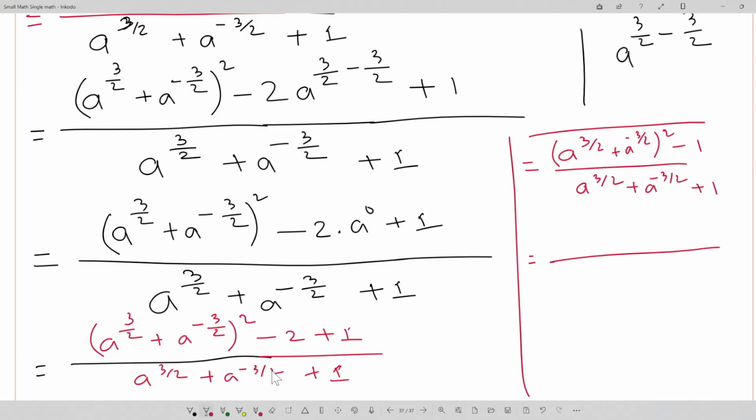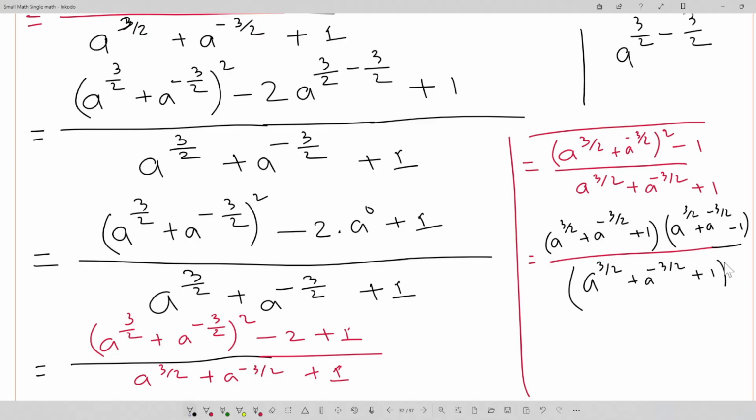Now look, here a to the power 3 by 2 plus a to the power minus 3 by 2 whole square is looking like a square, and 1 square means 1, it means b square, so a square minus b square will be a plus b times a minus b. So a to the power 3 by 2 plus a to the power minus 3 by 2 plus 1, and a to the power 3 by 2 plus a to the power minus 3 by 2 minus 1, right? And divide by a to the power 3 by 2 plus a to the power minus 3 by 2 plus 1.